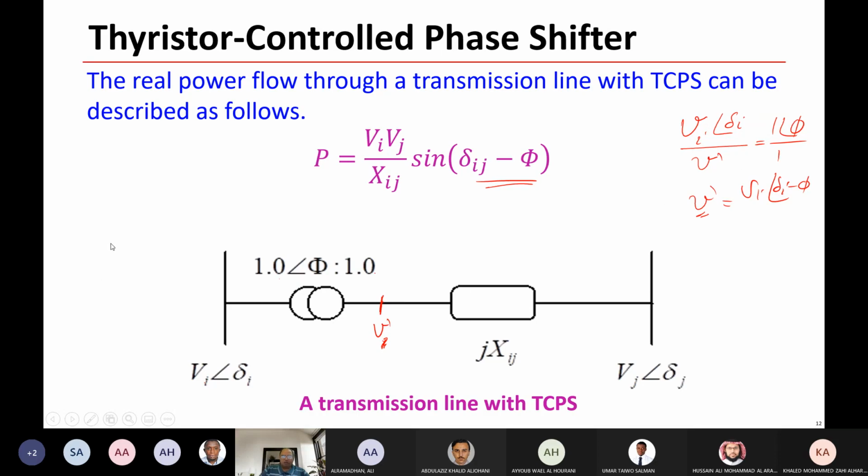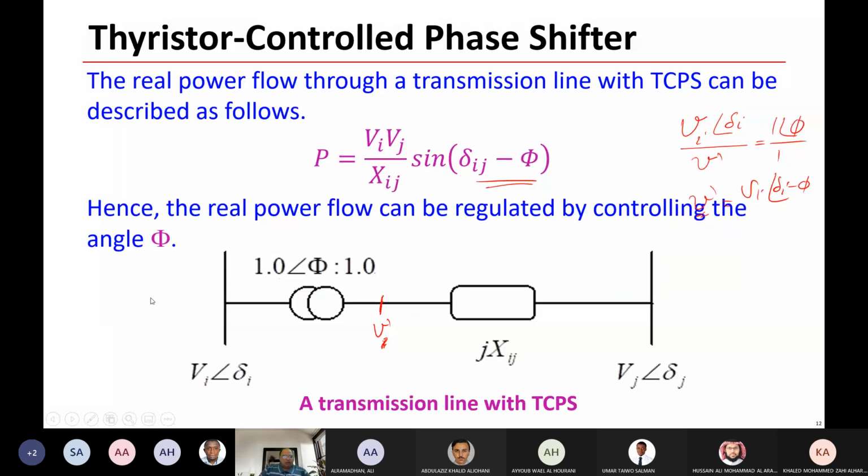Anyway, this is not a big issue. Hence, the real power flow can be regulated by controlling the angle phi. You can control the angle phi plus minus 15 degrees, so you can control the power flow by controlling the angle. Any question?